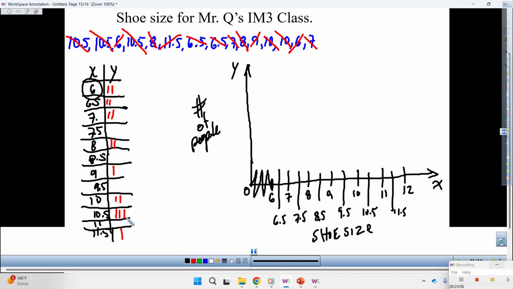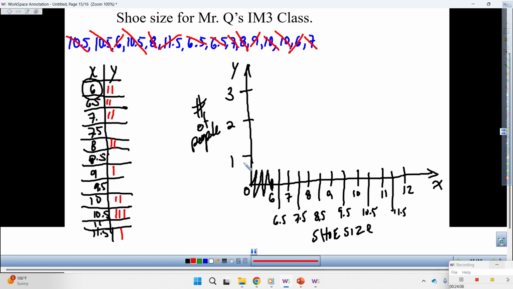What's the maximum? 3. So that means I need to divide this into 3. So I go 1, 2, 3. Some of you have more tallies, so you would go from 1 to 4 or 1 to 5, whatever that may be. And once we have that, now we can start modeling our data.